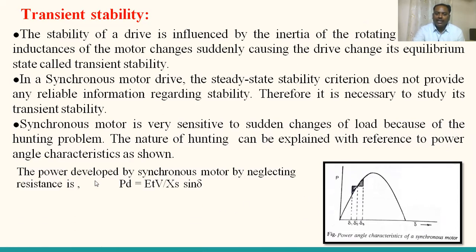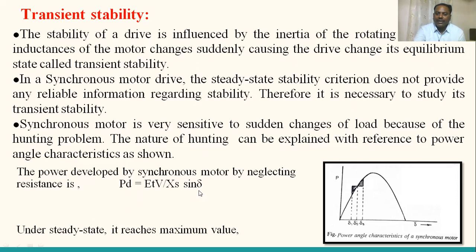Generally in a synchronous motor, the power developed, neglecting the resistance, is PD equal to ET into V by XS into sine delta. The power developed is maximum when delta is equal to 90 degrees.